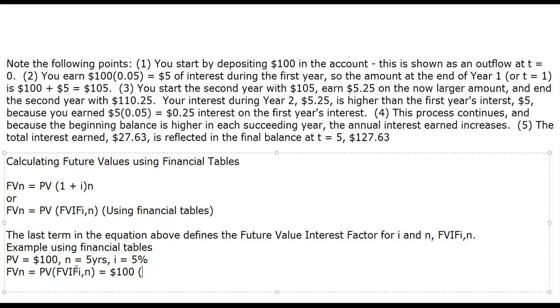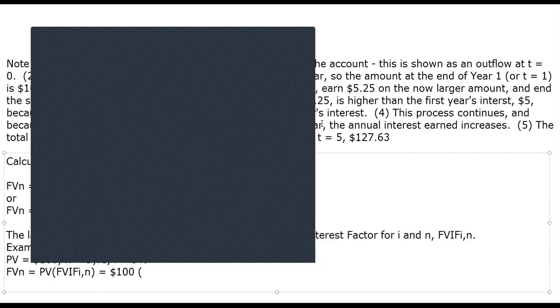So now if you go use the financial tables, watch me now. I'm going to stop share for this screen. I'm going to share a financial table and show you how to use it.